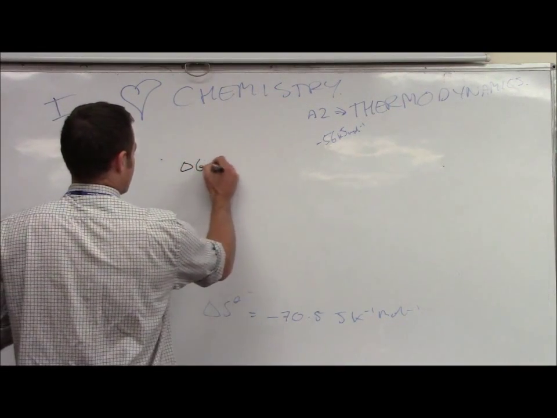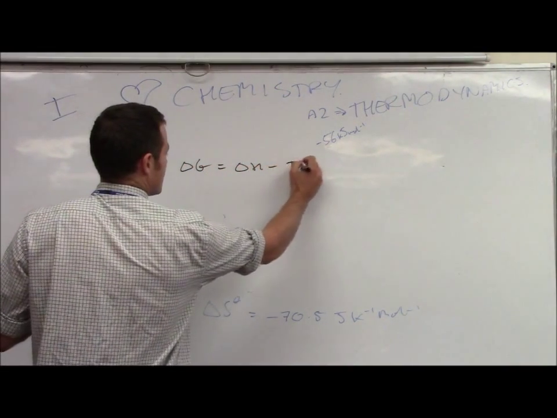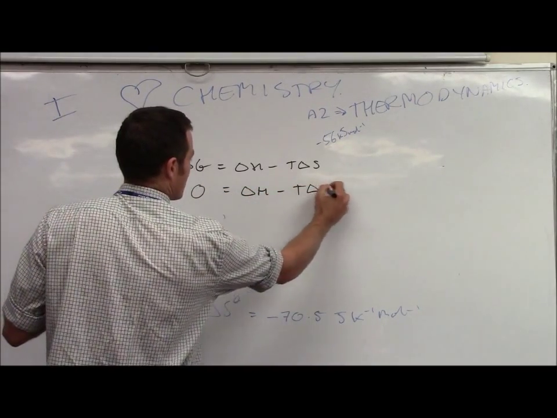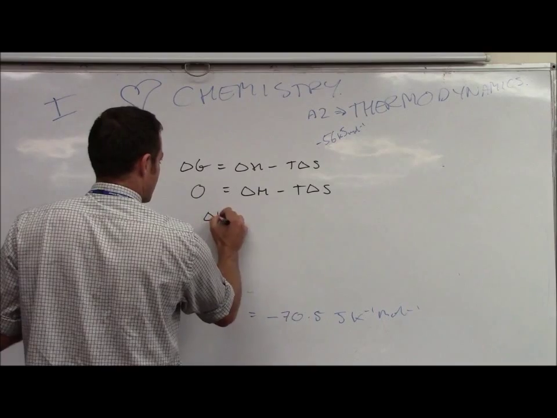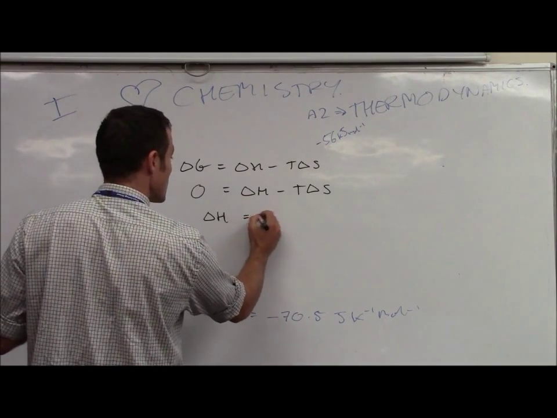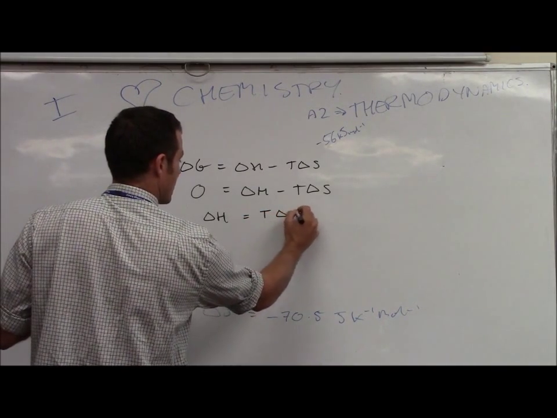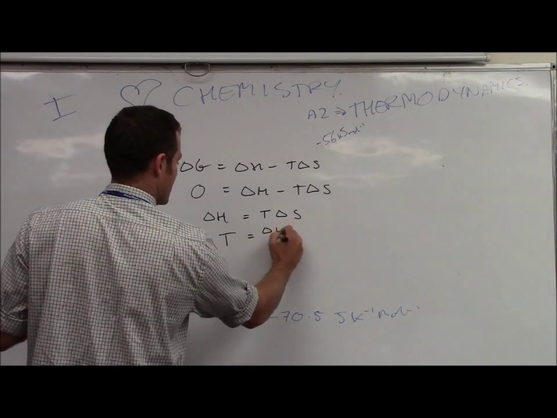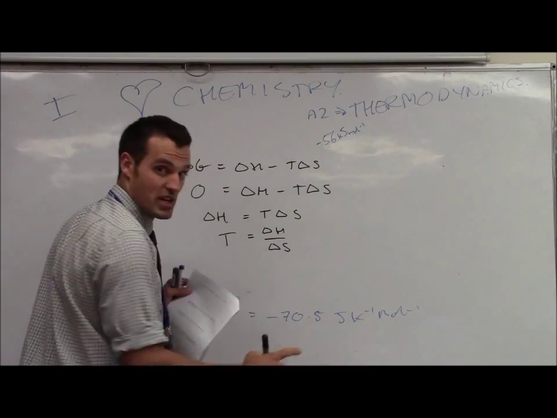So delta G equals delta H minus T delta S. 0 equals delta H minus T delta S. Delta H therefore equals T delta S. The temperature is going to be delta H over delta S, as long as we get the units right.